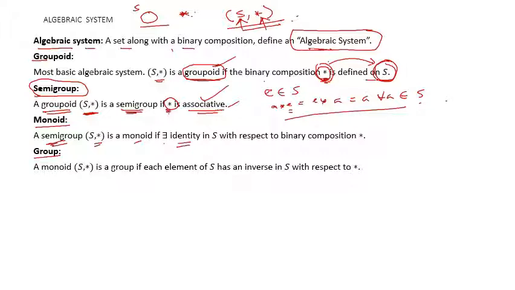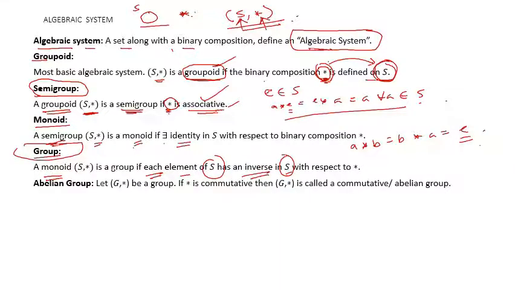Now একটা গ্রুপের ডেফিনেশনে আমরা স্টার্ট করছি মনোয়েড থেকে, অর্থাৎ মনোয়েডের মধ্যে অলরেডি তিনটে প্রপার্টি রয়েছে। একটা হচ্ছে it is closed under the binary composition, associative, and it consists of an identity element which satisfies the property of identity. এরকম একটা মনোয়েডের মধ্যে যদি এমন একটা প্রপার্টি খুঁজে পাই যে each element has an inverse, each element of S has an inverse in S. ইনভার্স আমরা দেখেছি যে A এর ইনভার্স B যদি হয় তাহলে A star B equal to B star A equal to E হবে, যেখানে E হচ্ছে আইডেন্টিটি এলিমেন্ট। অর্থাৎ একটা মনোয়েড তখনই গ্রুপ হবে যখন প্রত্যেকটা এলিমেন্টের একটা করে ইনভার্স আমরা খুঁজে পাবো। যদি থাকে তাহলে আমরা বলবো দ্যাট ইজ এ গ্রুপ.